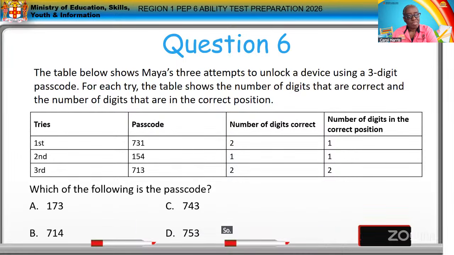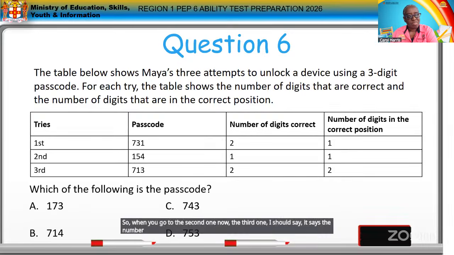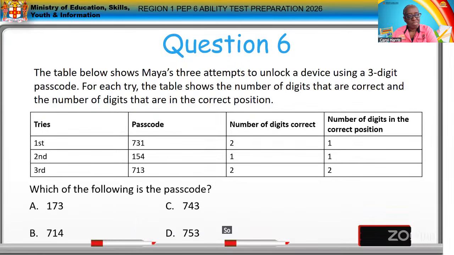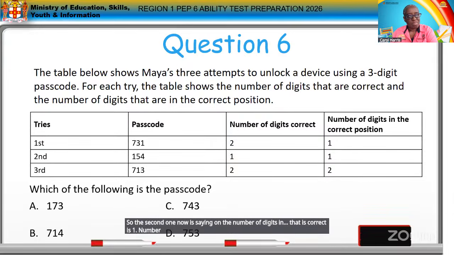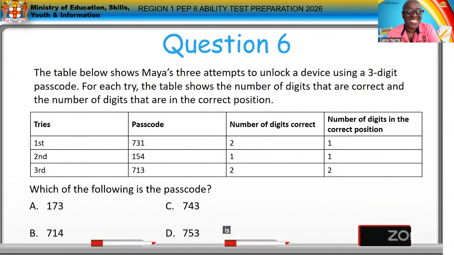So when you go to the third one, it says the number of digits that were correct is 2, and the number of digits in the correct position is 2. So the second one is saying the number of digits that is correct is 1, and the number of digits in the correct position is 1. So what I picked up.